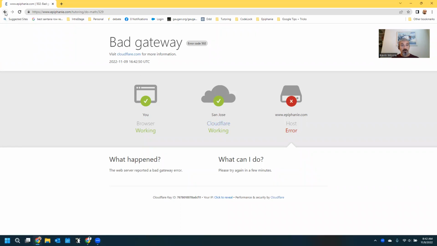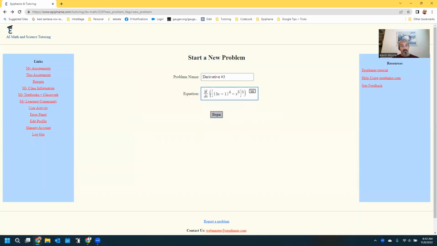That error should be fixed by Saturday. It's still there now, though. If you don't put the y equals in, sometimes you'll get that error that says bad gateway. We should be capturing that. There's all kinds of math you can enter that we can't handle, but we should always give you a message about what happened, and it should be a positive message that helps you fix what happened.